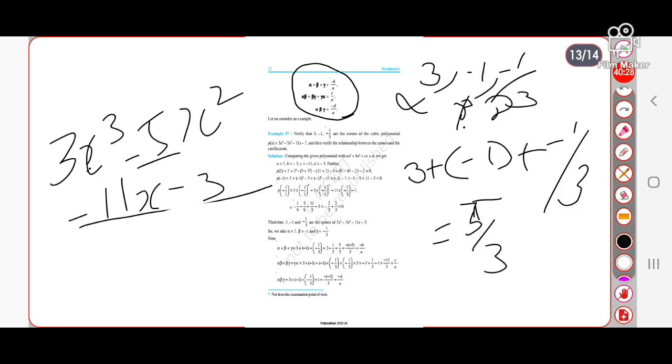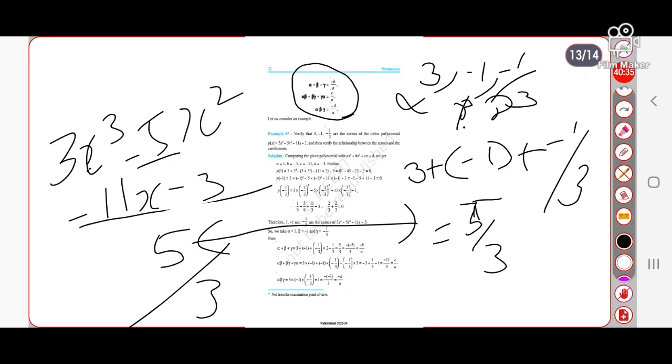B value is minus 5, minus b means 5, by a value is 3. Yes, so these both are the same value, right? So the first condition has been verified: the sum of zeros of the polynomial as well as the sum of zeros arrived at by the equation which we substituted are the same. So the sum of zeros part is completed, right?